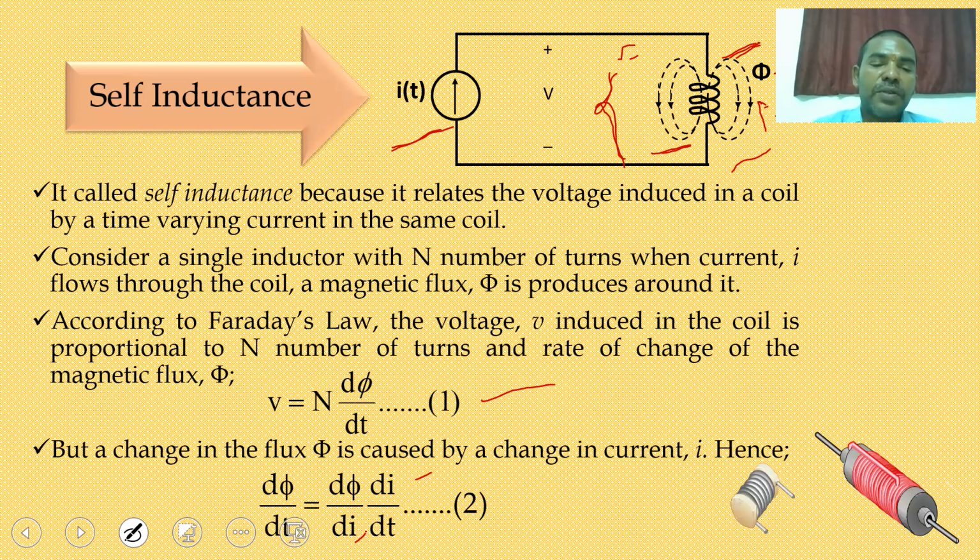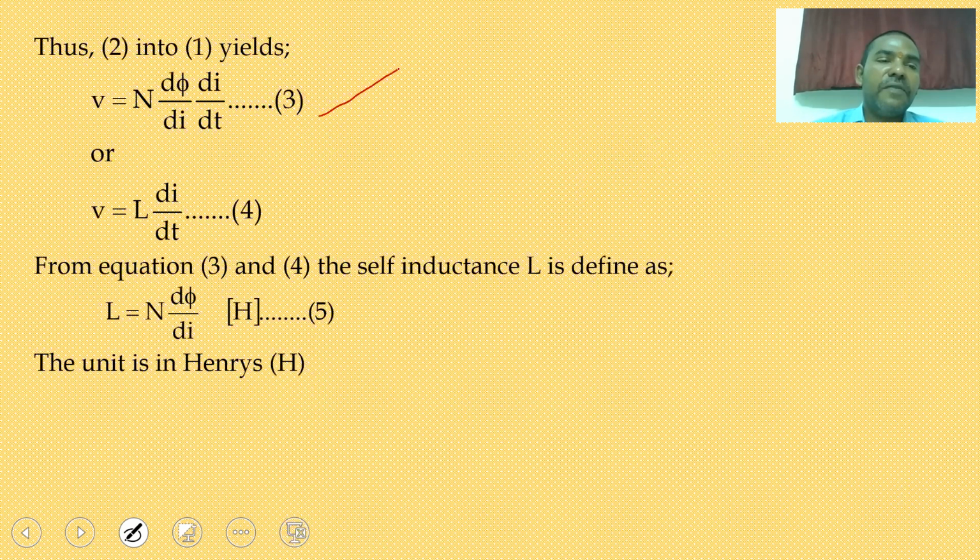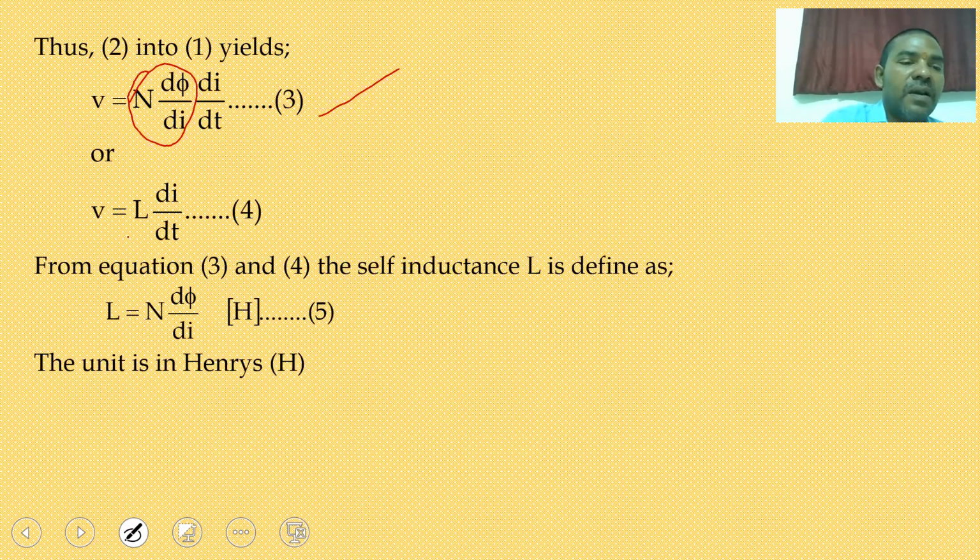Now I am substituting this in the above equation. Then V is equal to N into d phi by di into di by dt. This expression, N into d phi by di, I represent as L. Then the induced EMF V is equal to L di by dt.